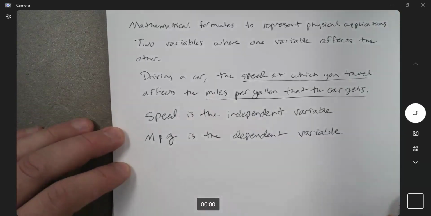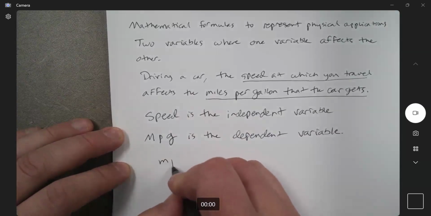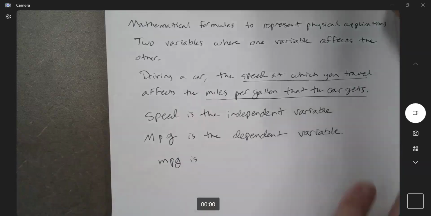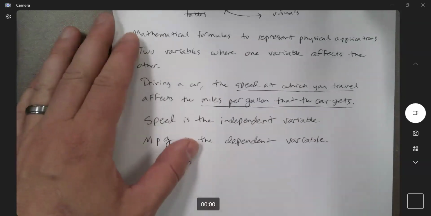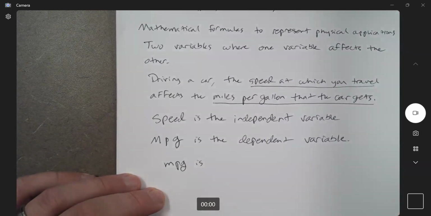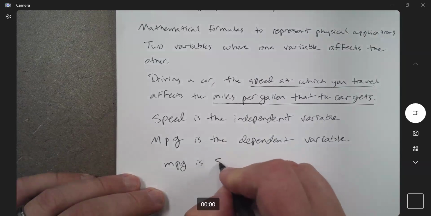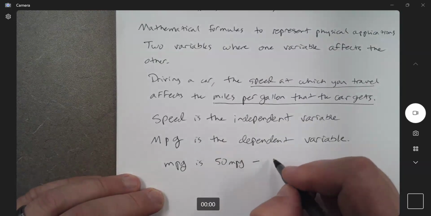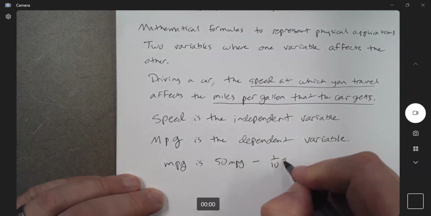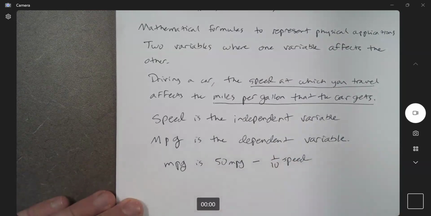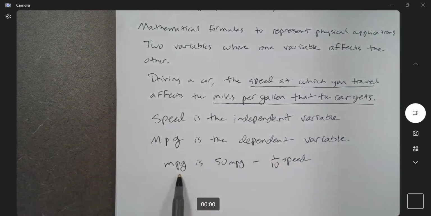Now, if I had a formula, I might say the miles per gallon is, let's say, starts off at 50 miles per gallon minus 1/10 times the speed. So you choose your speed, and that tells you what your miles per gallon is going to be.